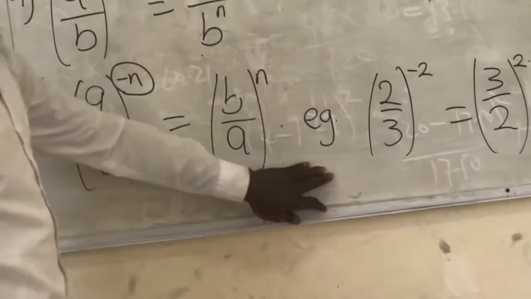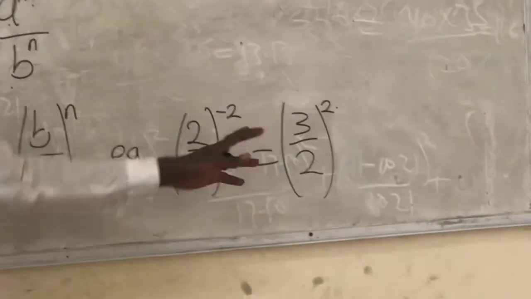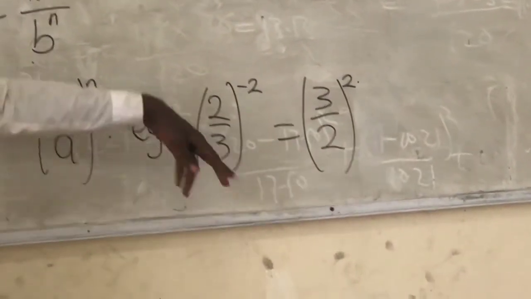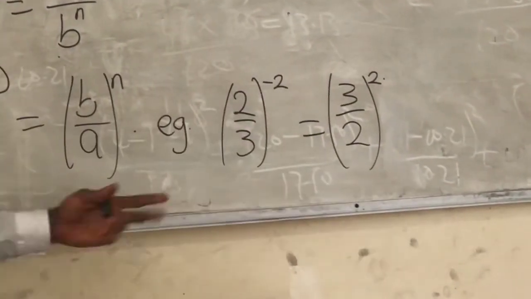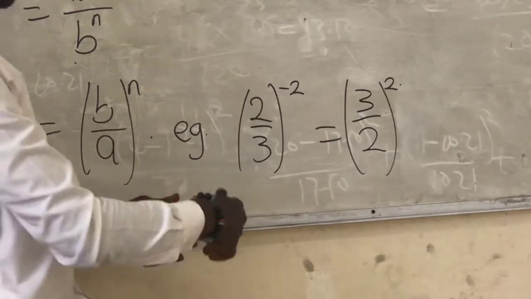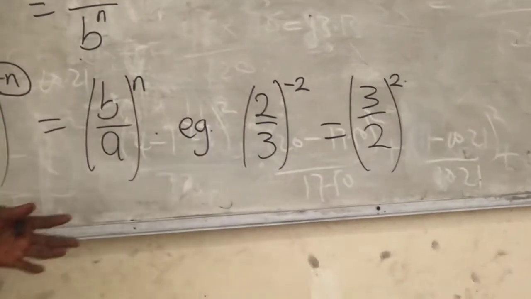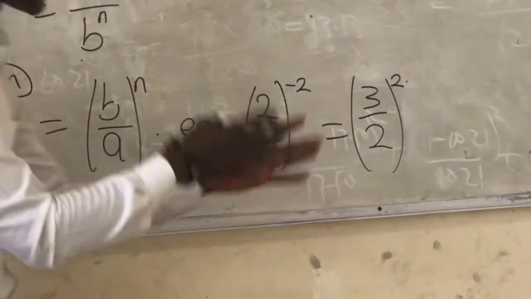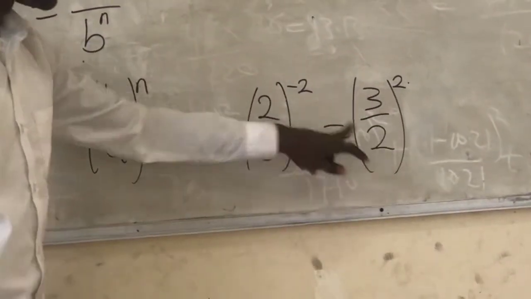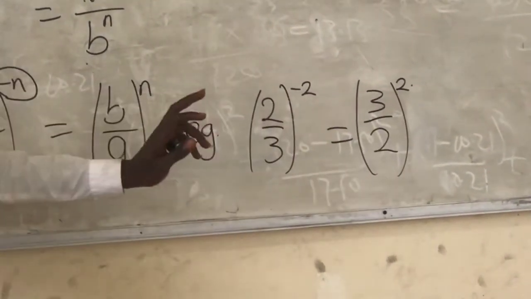So we have an example here. We have 2 over 3 with negative index 2. So let's see how we treat it. The property says that to remove the negative from the index, we have to interchange the 2 and 3.